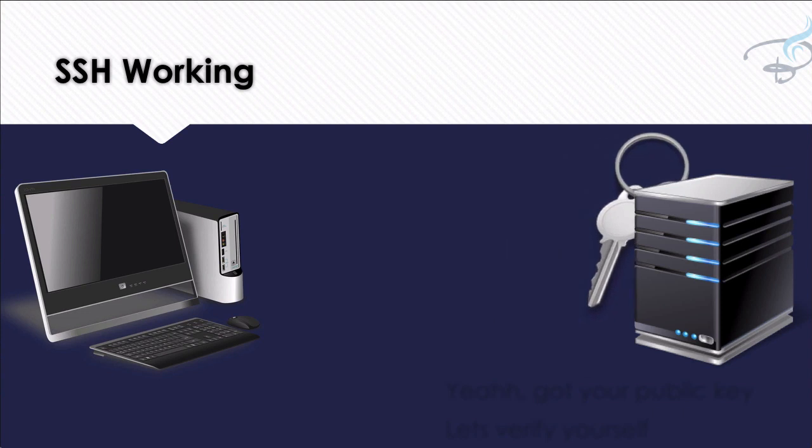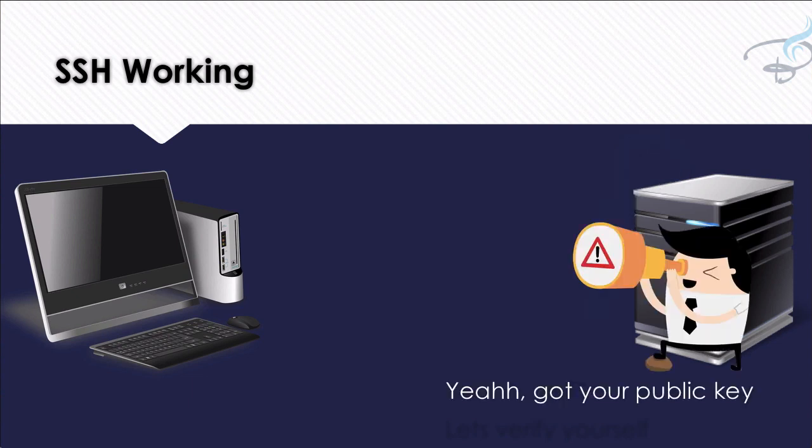Public keys can be shared with anyone, so there is no problem sharing the public key with the server. Then the server identifies if it already has your public key registered. If it is found, then the server says, okay, now let's verify yourself.